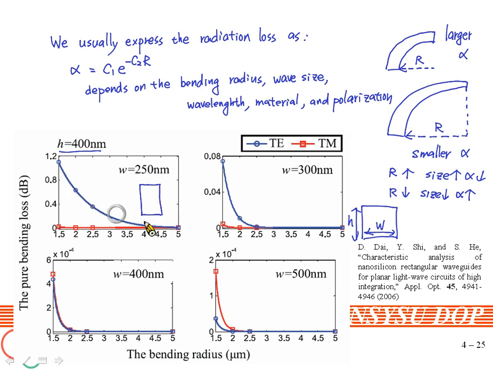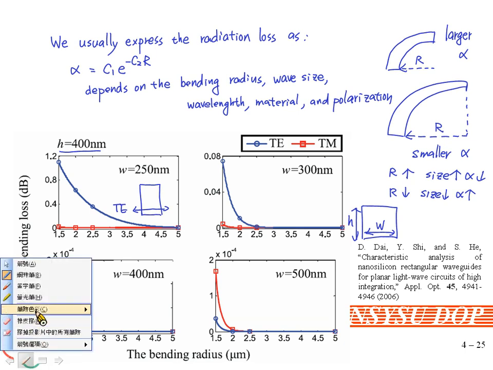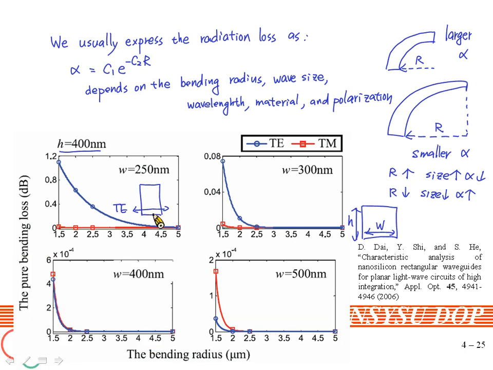The blue curve represents the TE mode, and the red curve stands for the TM mode. As you can see, for the TE mode, the field distribution is like this. And for TM mode, the polarization is like this.